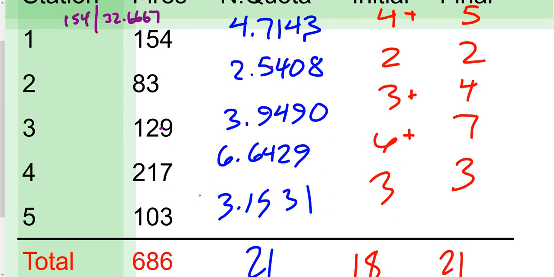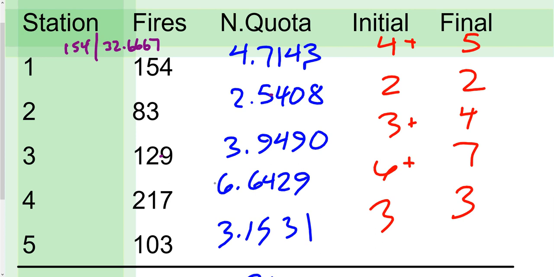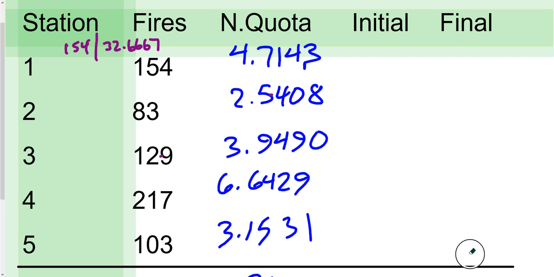The next thing you're going to do, and for this I'll write this out again so that it's nice and clear, is allocate all your initial fire trucks. So how many do I get? Well, this group's earned 4.